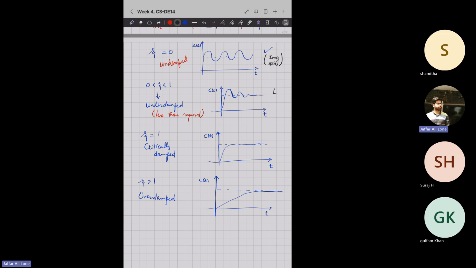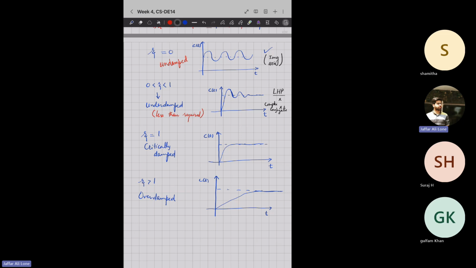So the poles will be in the left half plane. But if they are complex conjugates of each other and not on the imaginary axis, lying in the left half plane, I'll just write complex conjugate, then that means the system is underdamped, right?